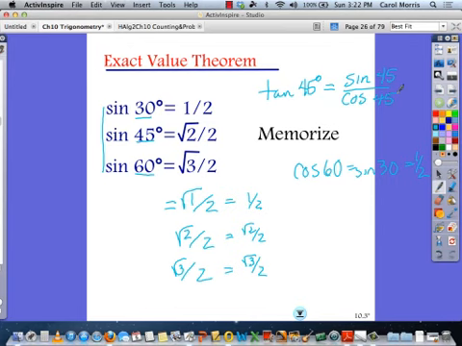You have both of those in your exact values. The sine of 45 is square root of 2 over 2. The cosine of 45 is the complement. Oh, so we got square root of 2 over 2 over square root of 2 over 2. What is anything when you divide it by itself? And the answer is a big fat 1. And so the tangent of 45 does equal 1.